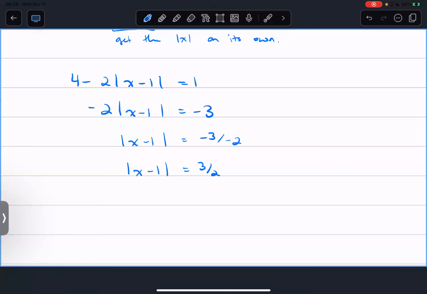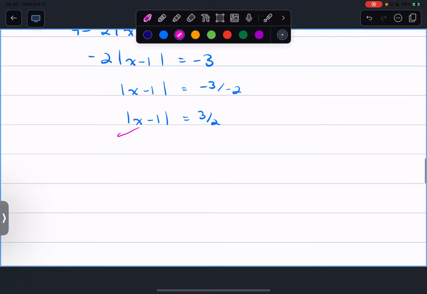Now we're ready. Now we can manipulate this absolute value function and we can say, well, I'm actually going to split it up. x minus 1 can be the positive version, 3 over 2, or x minus 1 can be negative 3 over 2.